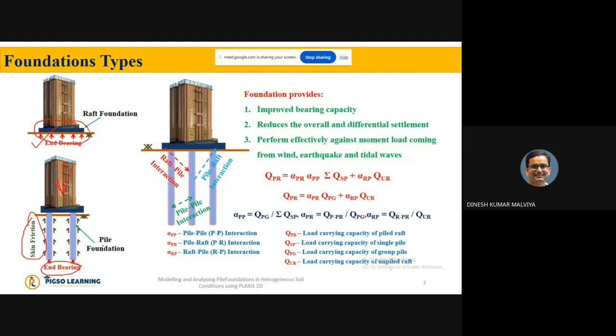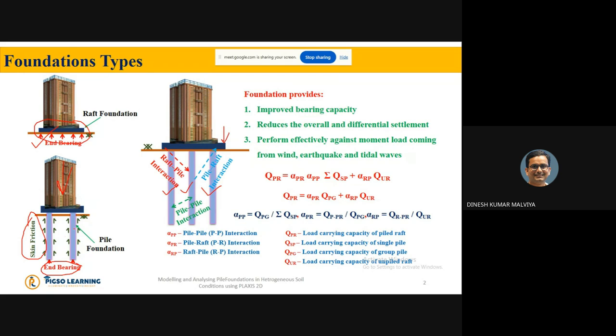There is one more type of foundation which is very popular due to its load sharing and behavior. It's a piled raft foundation, in which we utilize the bearing capacity of the pile as well. At the same time, we are utilizing the bearing capacity of the raft coming from the end bearing.